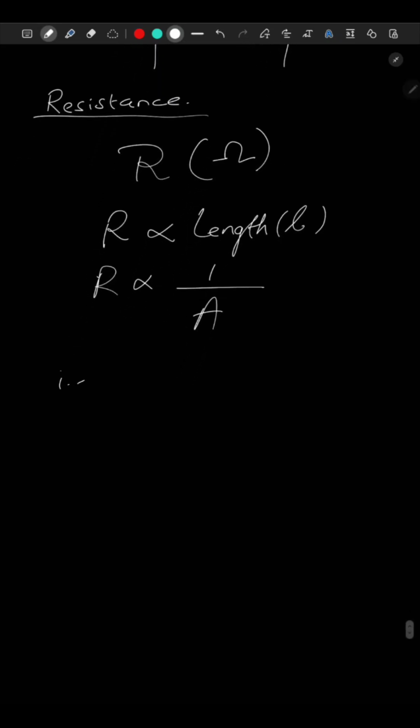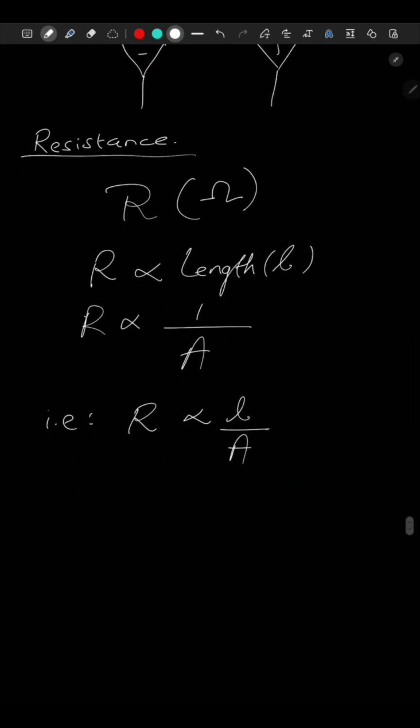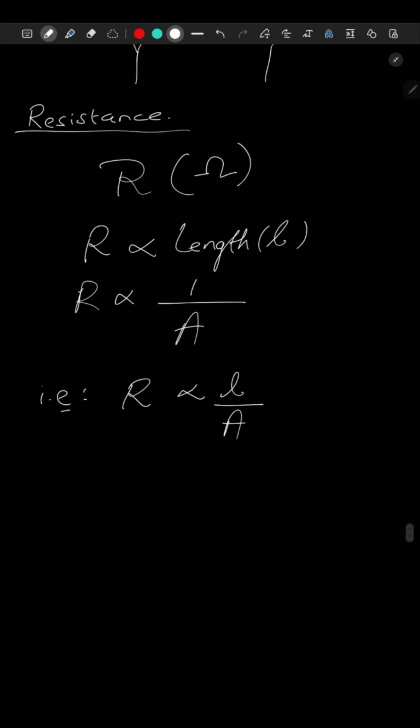If we combine these two, we get that the resistance depends on the length and the cross-sectional area of the apparatus. So the length is proportional to R, but the area is inversely proportional.